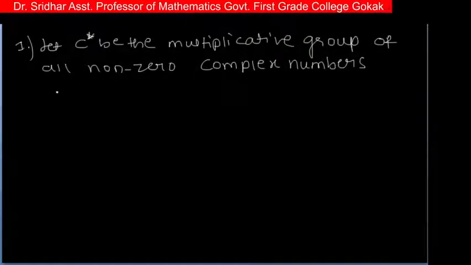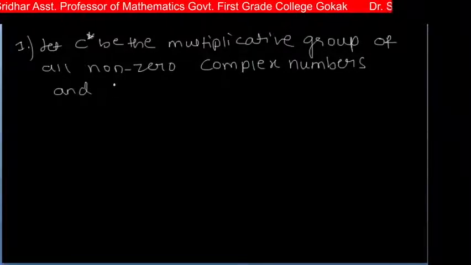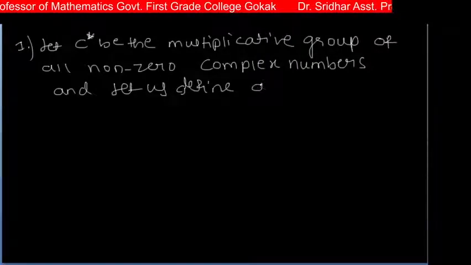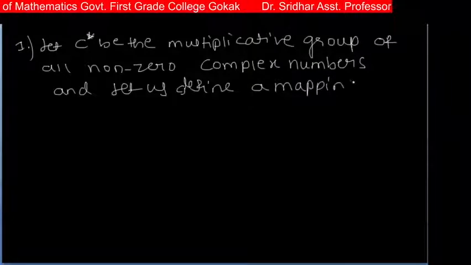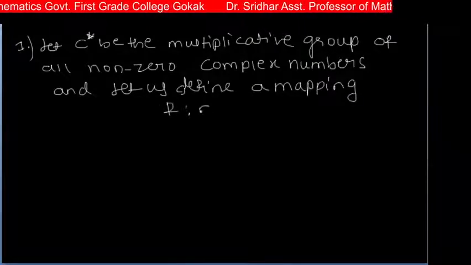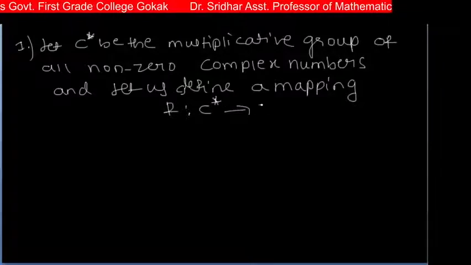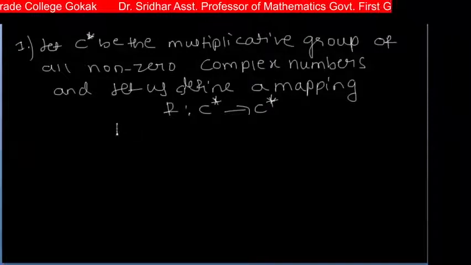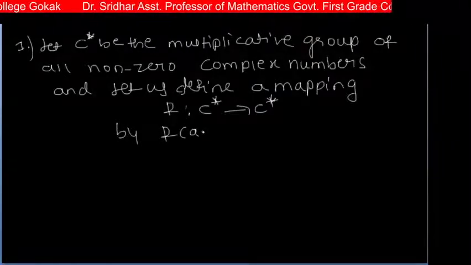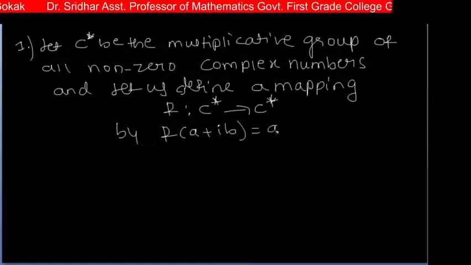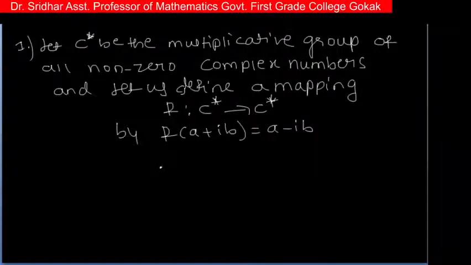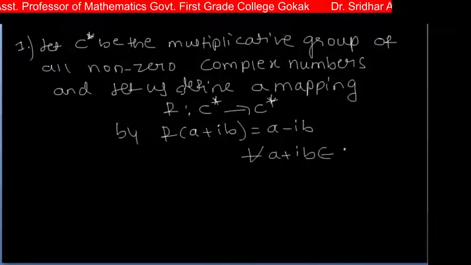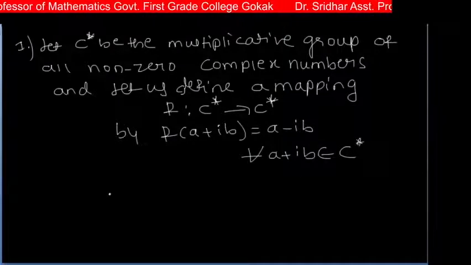Okay, and let us define a mapping f from C star to itself, that is C star, by f of a plus ib is equal to a minus ib, for all a plus ib belonging to C star.